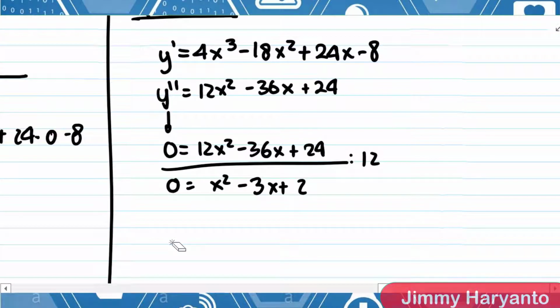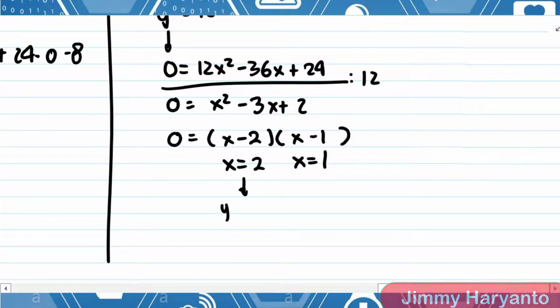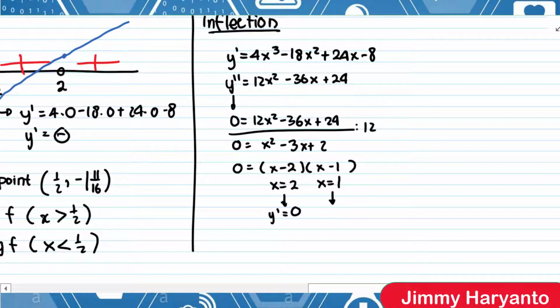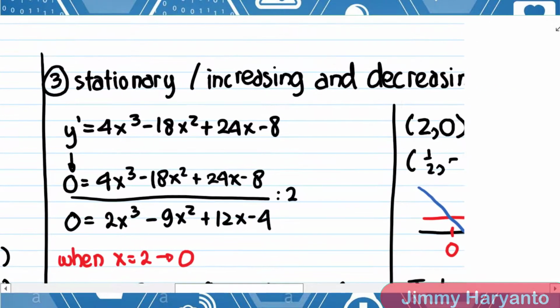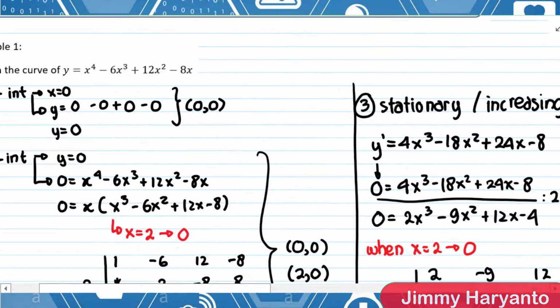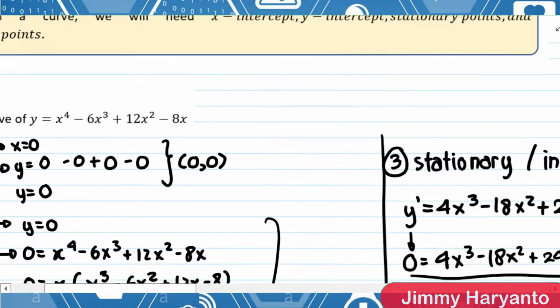And therefore you will have (x minus 2)(x minus 1). So x will be 2 and x will be 1. For this one we already have the y, (2, 0), and for the 1 we have y equals, where is the y, okay, 1 minus 6 is negative 5, negative 5 plus 12 equals 7, 7 minus 8 equals negative 1.